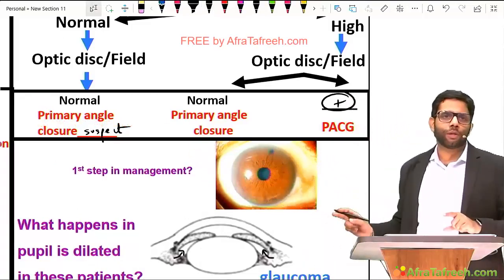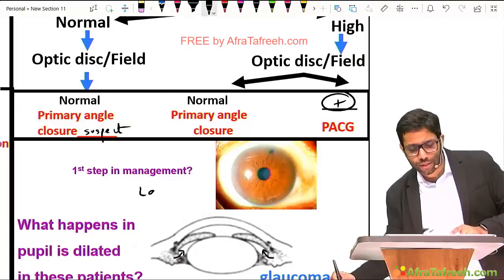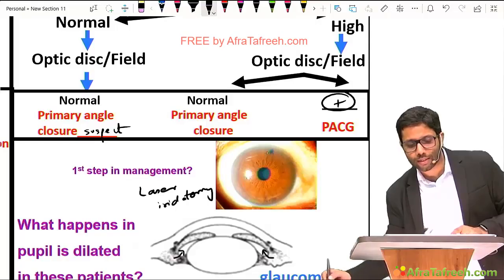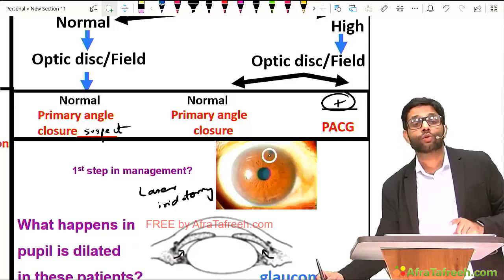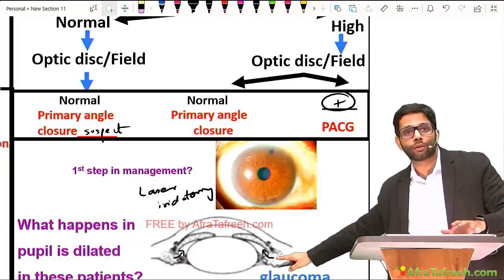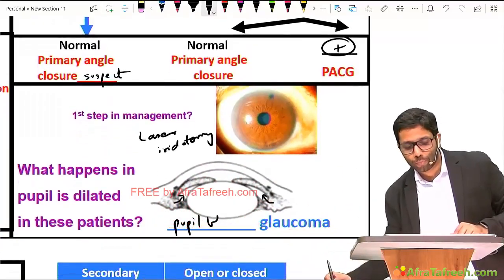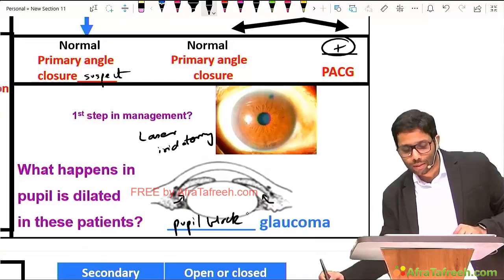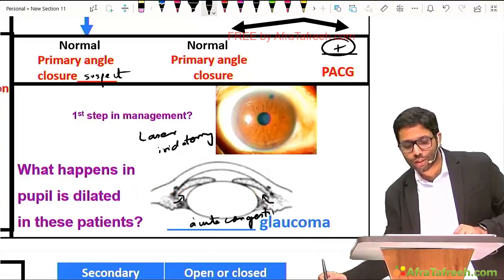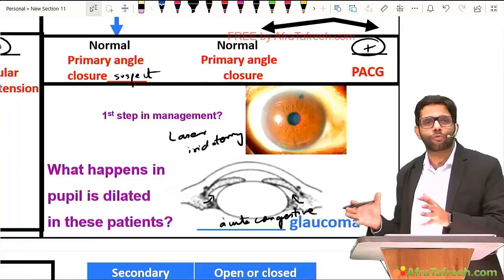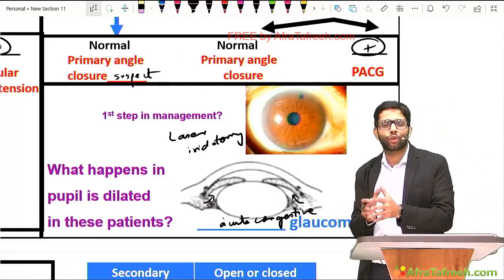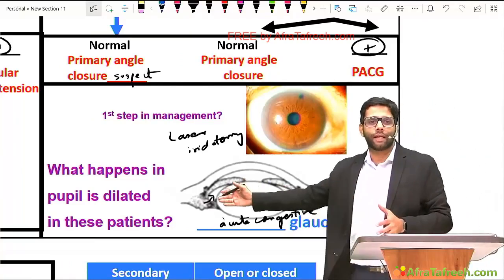The first management in an angle closure patient is laser iridotomy. You make a hole in the superior iris in the periphery so that the patient does not go into pupil block mechanism, that is acute congestive glaucoma. Acute angle closure is seen only in small eyes, hypermetropes, which have a small anterior chamber, in which the pupil is dilated.